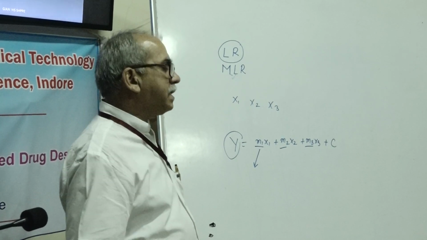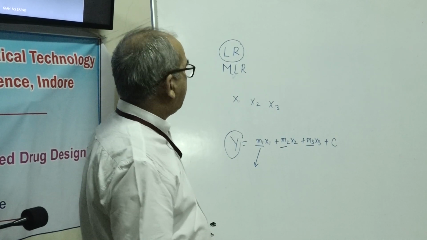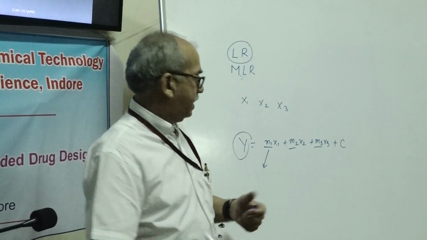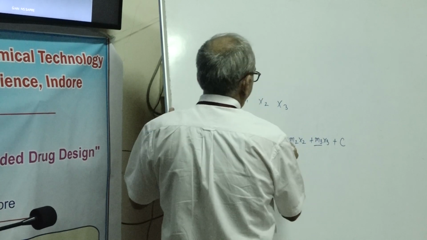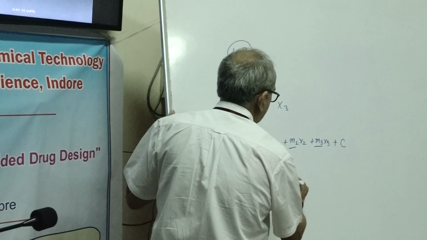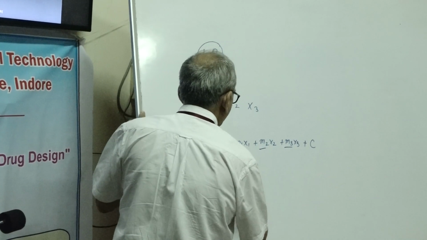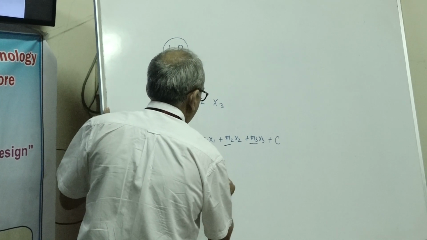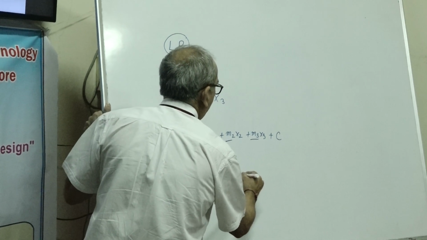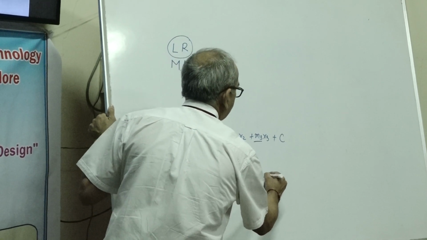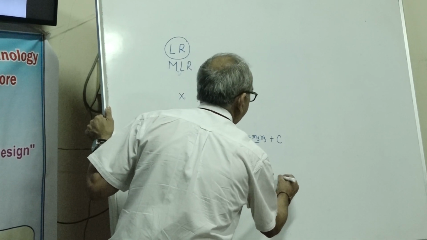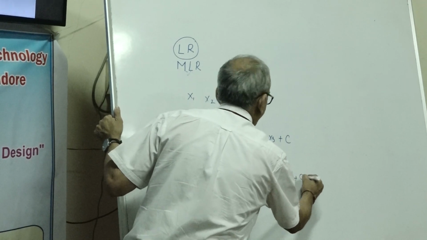So let us say we are correlating the boiling points of alkanes with various indices. Let us say index 1, x1 is something, whatever name, whatever number. Suppose it is 10.3 x1 plus 3.2 x2 minus 11.3 x3 plus.